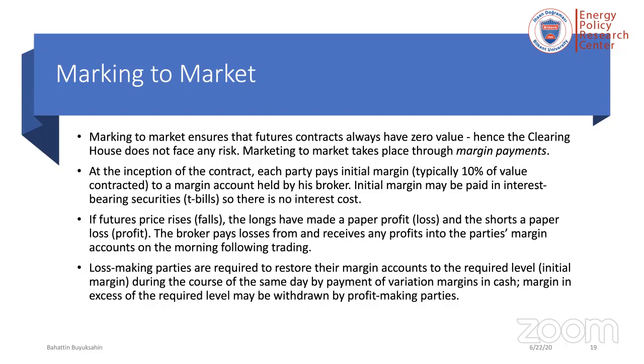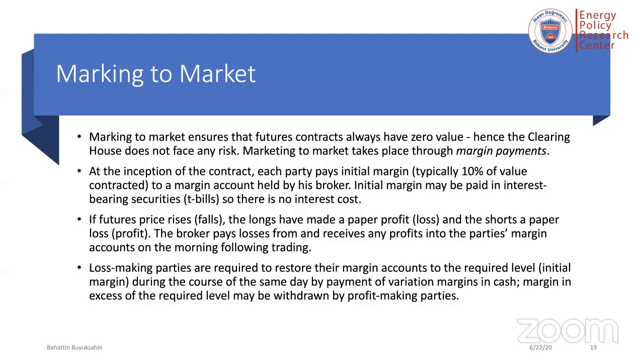trading. Loss-making parties are required to restore their margin accounts to the required level, which is initial margin, during the course of the same day by payment of variation margin in cash. Margin in excess of the required level may be withdrawn by profit-making parties.